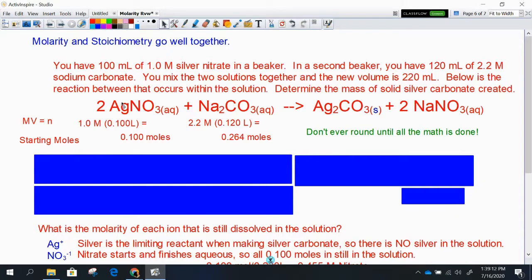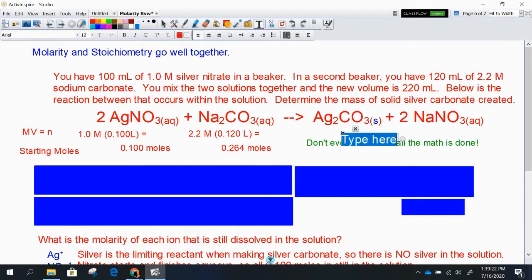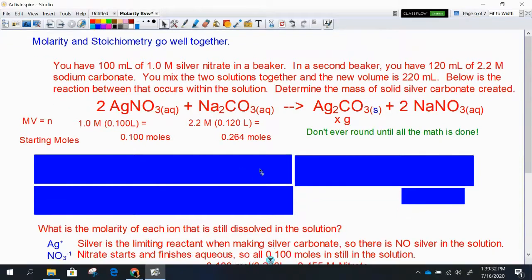We have a given about the silver nitrate, we have a given about the sodium carbonate, and we're asked for this right here. The question is X, right? How many grams of this? So we've got to use this information, and it ends up being a two stoichiometry problem question.